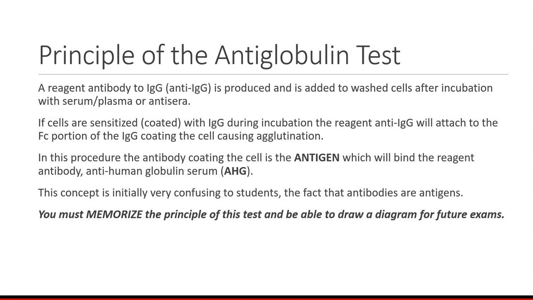If the cells are sensitized or coated with IgG during incubation, the reagent anti-IgG will attach to the Fc portion of the IgG, coating the cell, causing agglutination. In this procedure, the antibody coating the cell is the antigen, which will bind the reagent antibody, anti-human globulin.